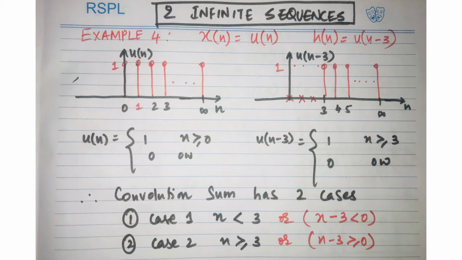And the second case is u of n minus 3, where the index n minus 3 is greater than or equal to 0, again the starting index of x of n. So we'll be having two cases. One is n less than 3 and the second one is n greater than 3, for which we need to find the convolution sum.